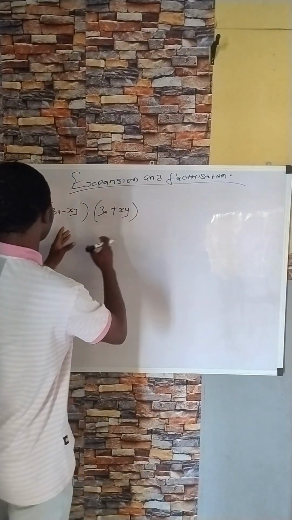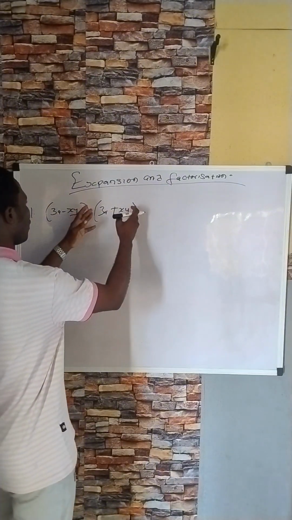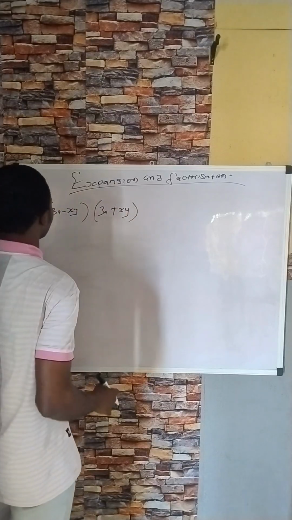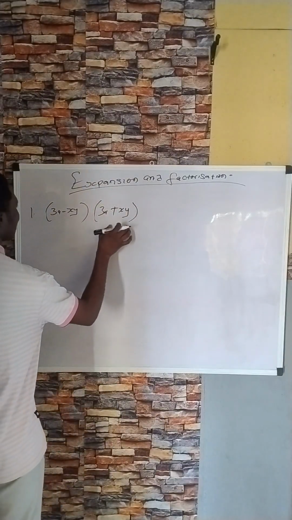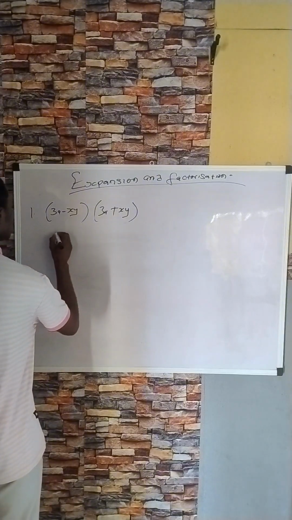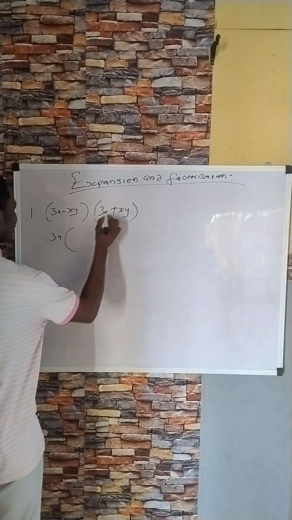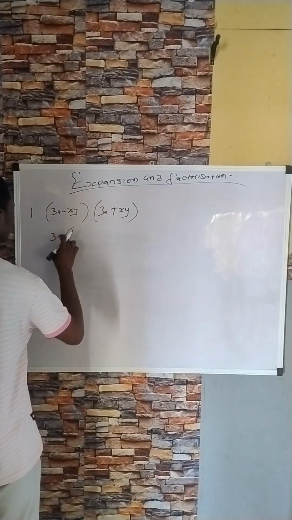To open up this bracket, all you have to do is use the terms in the first bracket to multiply the second bracket, and vice versa. So let's use this to multiply this. What you will get is 3a bracket 3a plus xy.